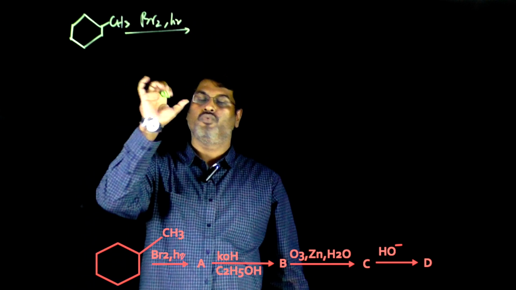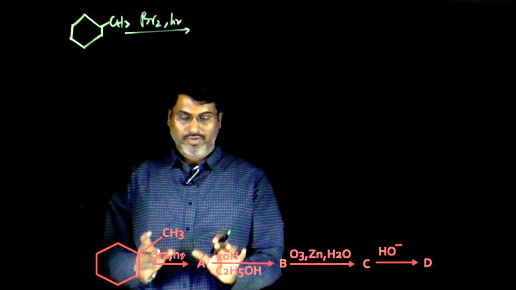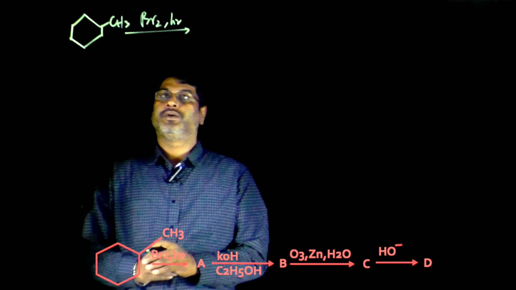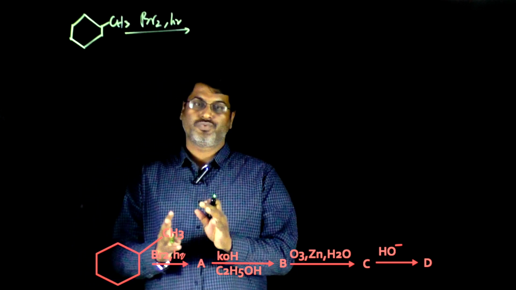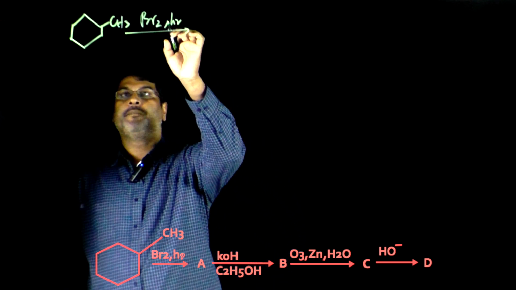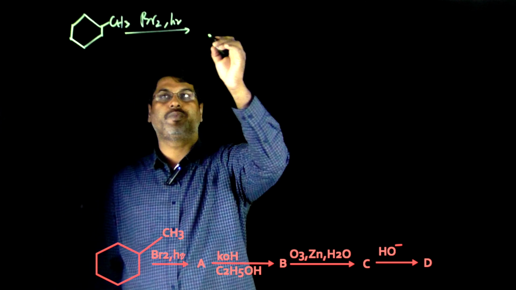Bromination is very selective. As you know, the selectivity of halogens, bromine is very much selective. It's radical substitution and its selectivity is tertiary, secondary and primary.